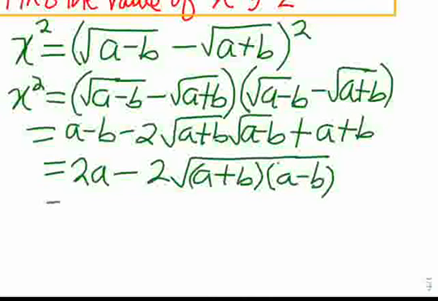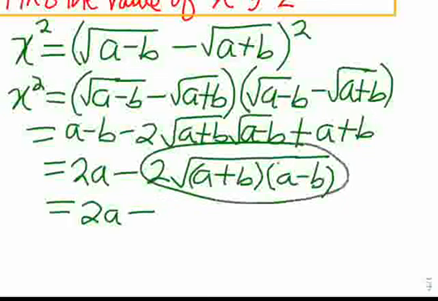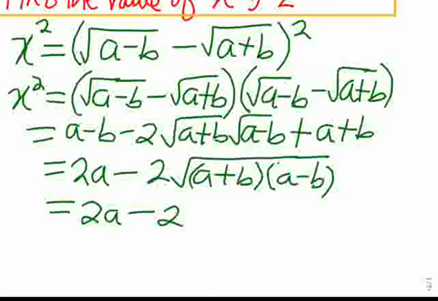If you look at this root I have just obtained, you will notice that these two in the middle are difference of two squares. So let's just write them as a squared minus b squared.